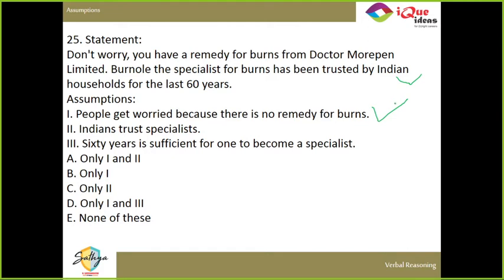Now, can I say that Indians trust specialists? Indians trust specialists? No, I cannot say this. Because a specialist is actually a person, right? But here in the ad, I'm saying Bernol, the specialist for burns.